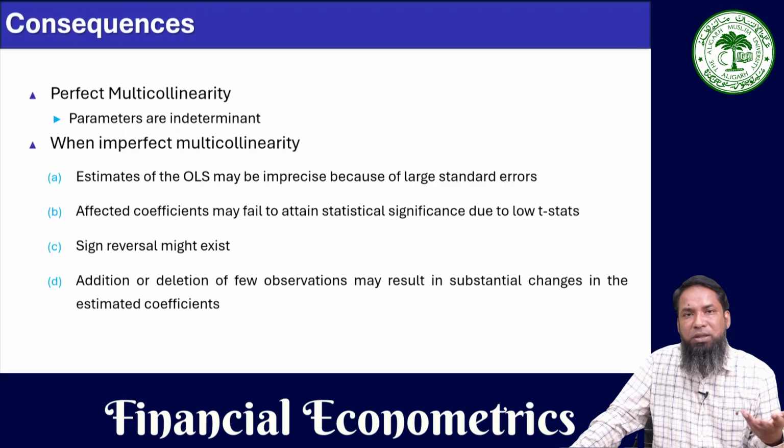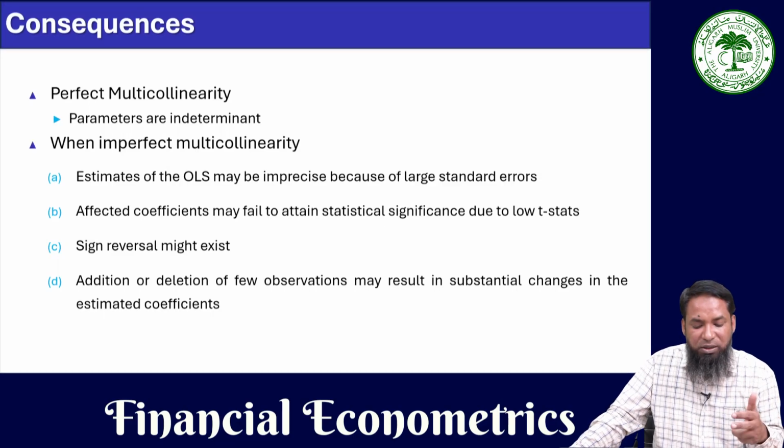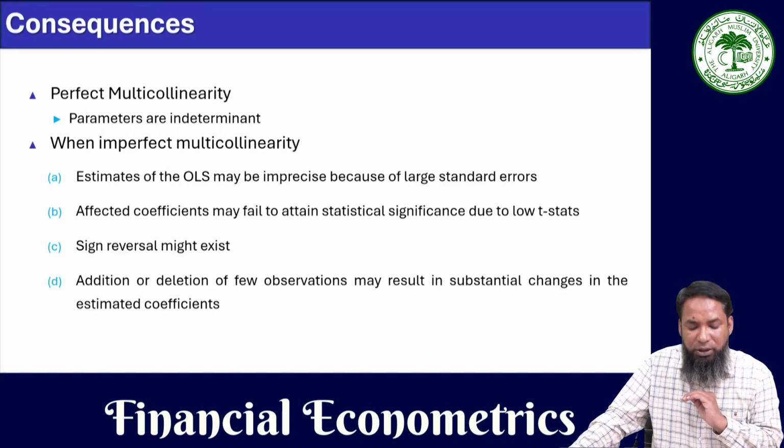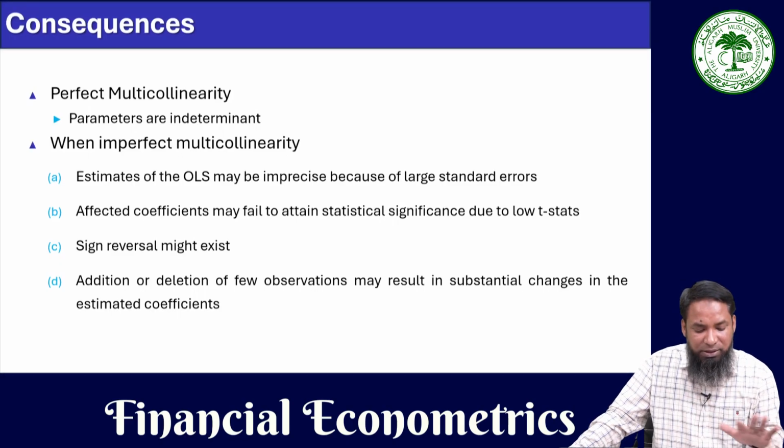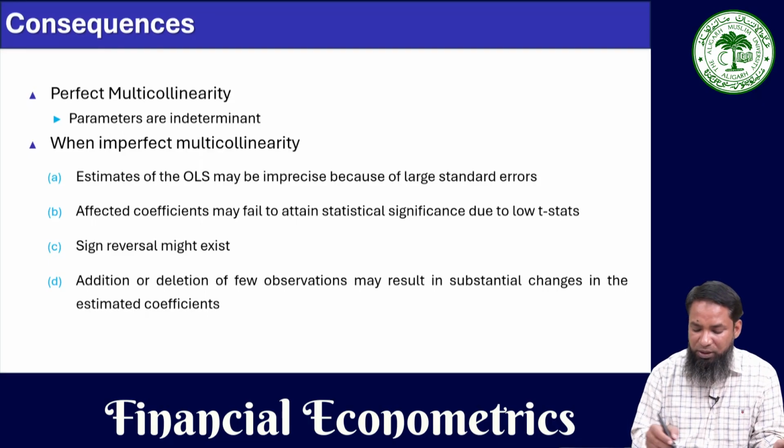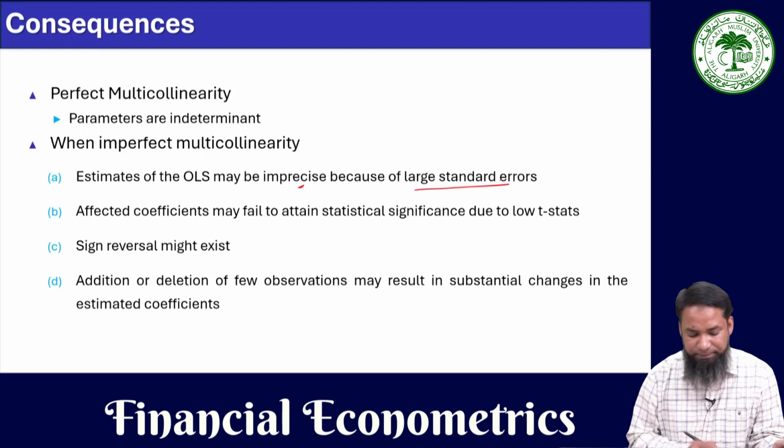Now, what are the consequences? The first, if there is perfect multicollinearity, we cannot determine the parameters. In such a case, the parameters are indeterminate, and we will not be able to estimate them. However, if there is imperfect multicollinearity, then estimates may be imprecise. Why? Because of the large standard errors.